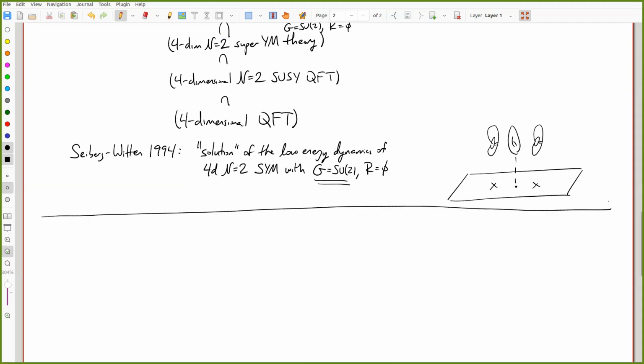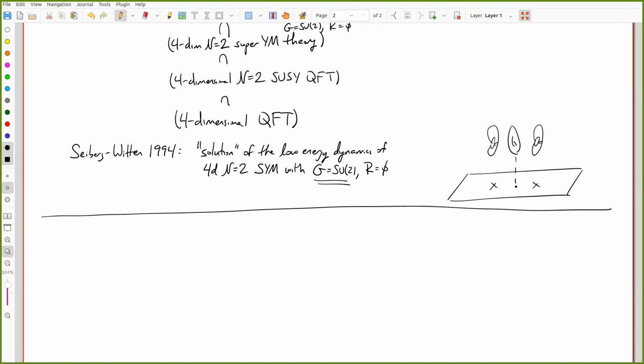Could you say a little bit about what you mean by solution? Like, an effective field theory? It's finding the effective field theory. That's really about 9/10 of the work. I'll say more about that at the end when I get to it.